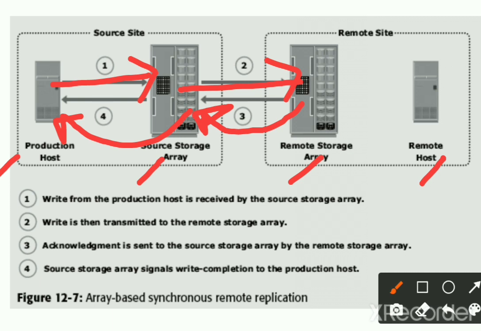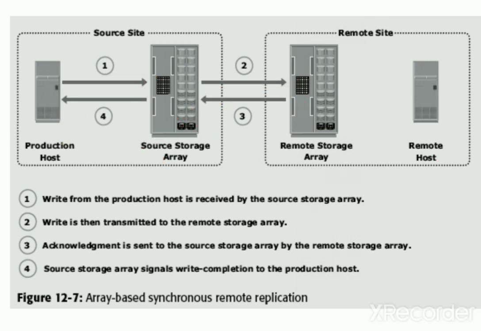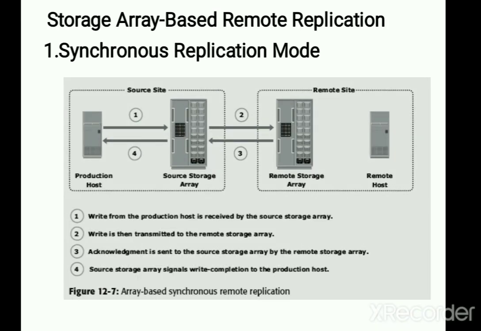Whenever the network links are restored, the accumulated data is transferred to the remote array, and the data can then be used at the target site. Okay, so this is related to synchronous replication mode.